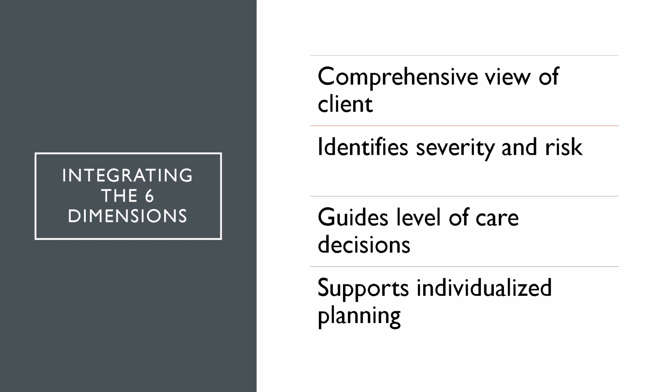So now that we've gone through all 6 dimensions, the next step is learning how to integrate them into a cohesive clinical picture. The goal is not to treat each dimension separately, but to understand how they're interacting. So, for example, a client may have moderate withdrawal risk. Maybe they have severe mental health symptoms, low motivation.